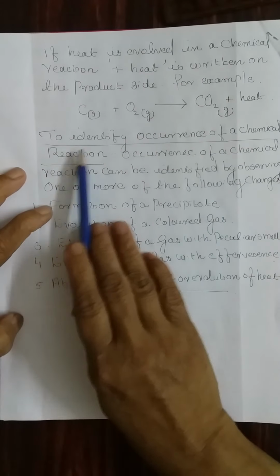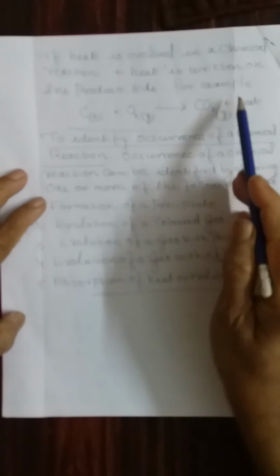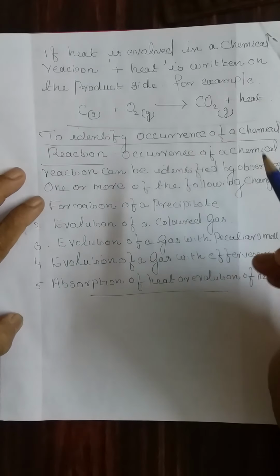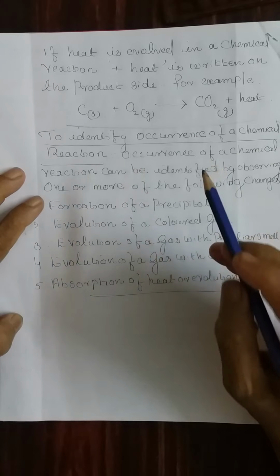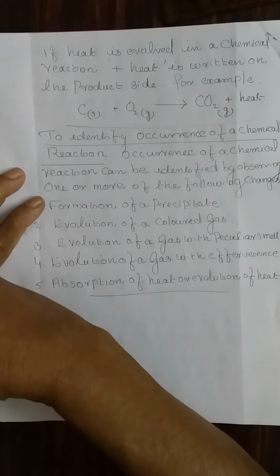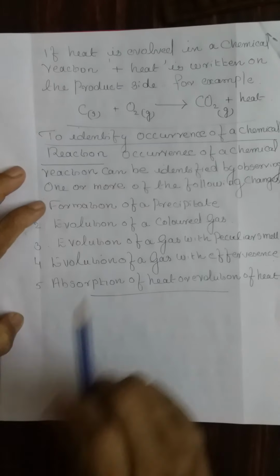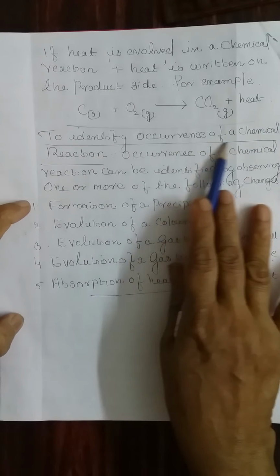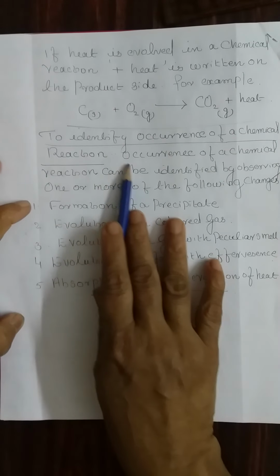Therefore, write this equation and write plus heat and write the reason: heat is evolved means plus heat should be added along with the product.